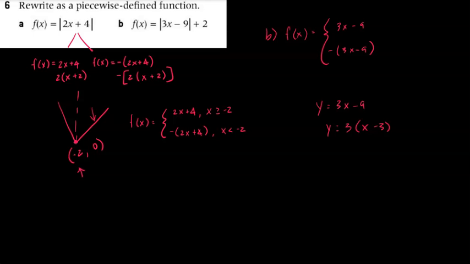So now we know it moved right 3. So that point is going to be 3, 0. So that's where it gets split up. That line of symmetry is going to be x equals 3. So we can put x is greater than or equals 3. X is less than 3.